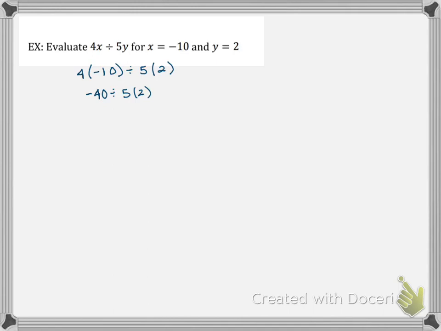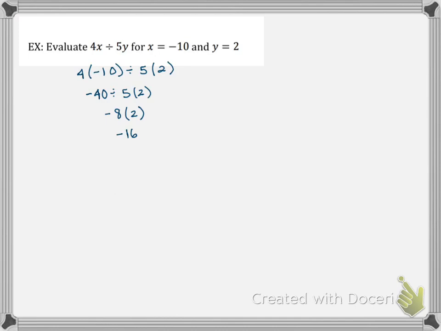What's my next step? Yeah, to do that division. So we get -8 times 2, which is -16. And if the whole left to right thing is troublesome for you and you want a set order that you do it in, you can always do division first and then multiplication, and you'll get the correct answer.